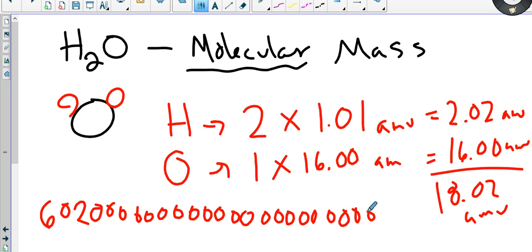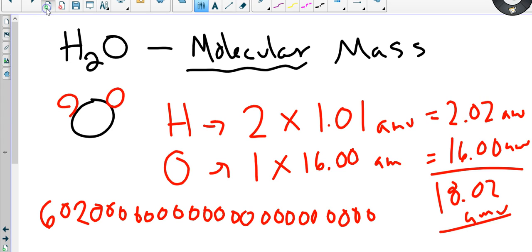But 1 molecule sure ain't that. So you don't need to get AMUs and grams mixed up because they couldn't be farther apart. Okay? A paperclip is a gram. A proton is an AMU. It's a big difference. All right, so the molecular mass is this many AMUs.